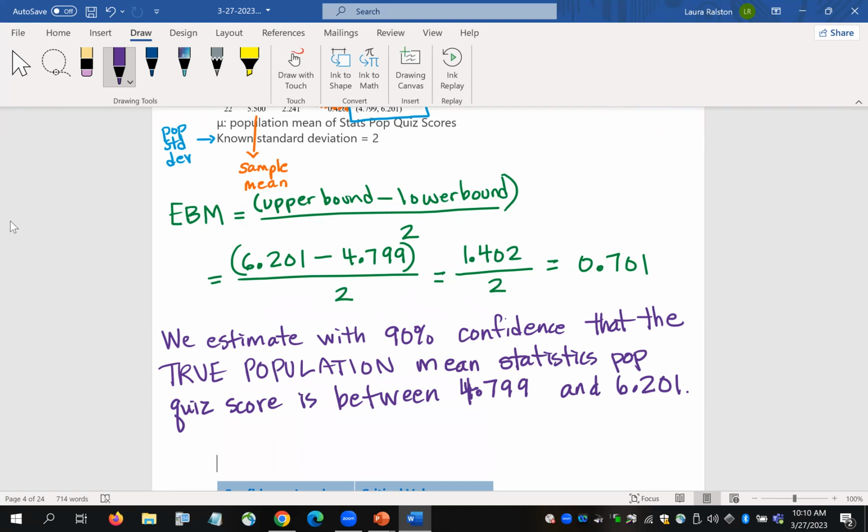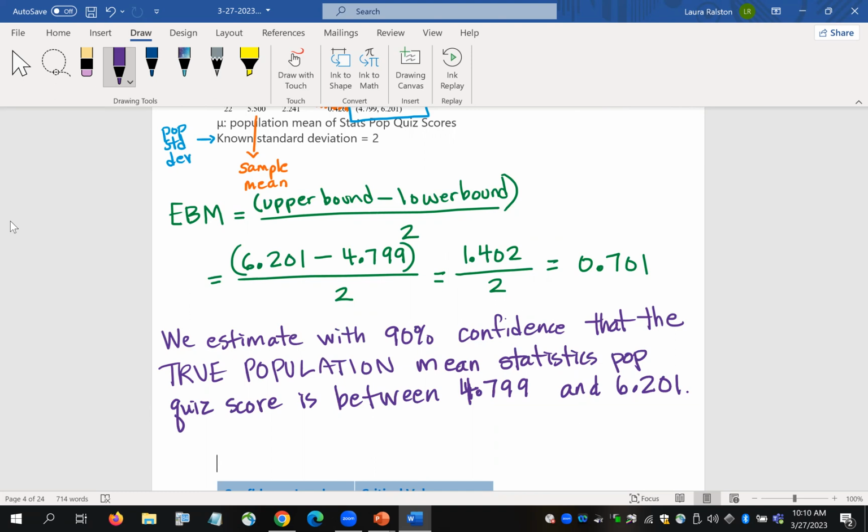It's not necessarily difficult, you just need to make sure whether you have summarized data or raw data, and you're going to have to pay attention to whether you have the population standard deviation or not.